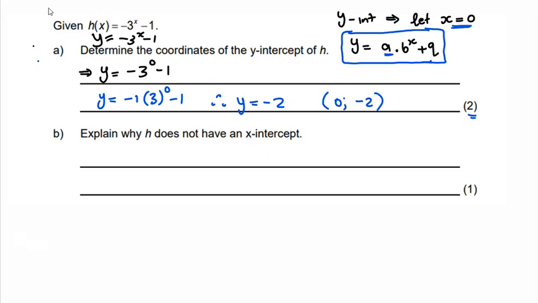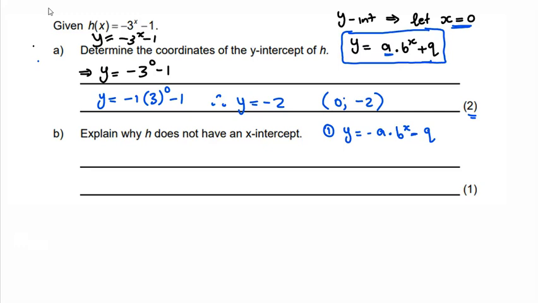Now, let's explain why h does not have an x-intercept. Please note that most of the time, if you don't have the x-intercept, your graph will be in the form of number 1: y equals minus a multiplied by b to the power x minus q.